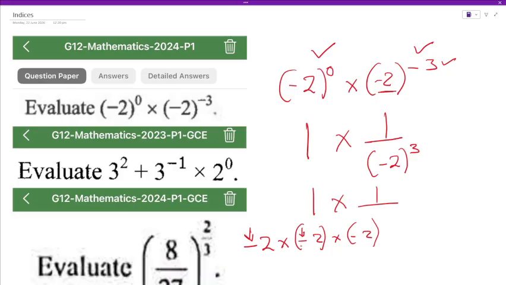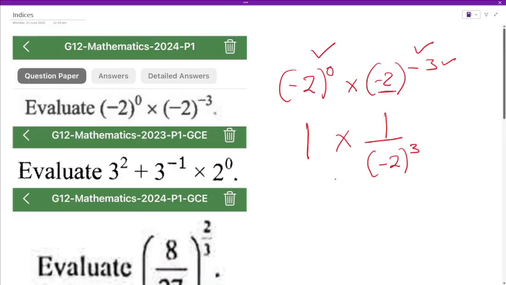A positive. That positive you are going to get times this negative here, it should give you what? A negative. Therefore, negative 2 raised to the power of 3 will give you a negative at the end here as your answer. Okay, because in paper 1 you don't have a calculator, so apply that negative accordingly.